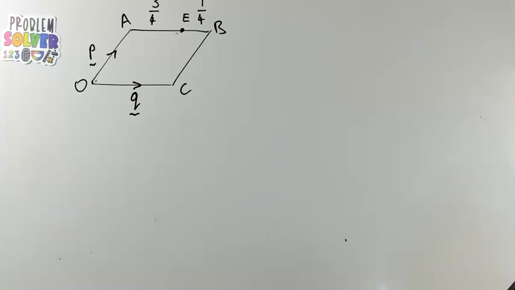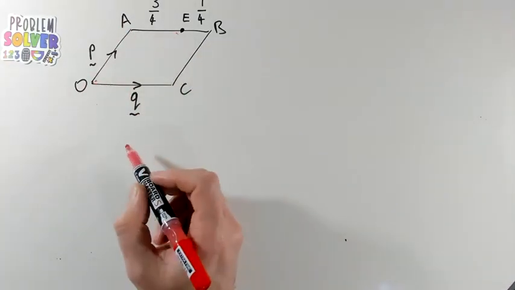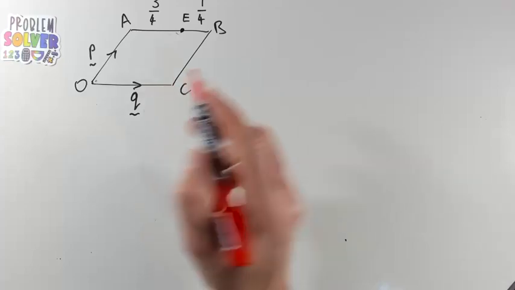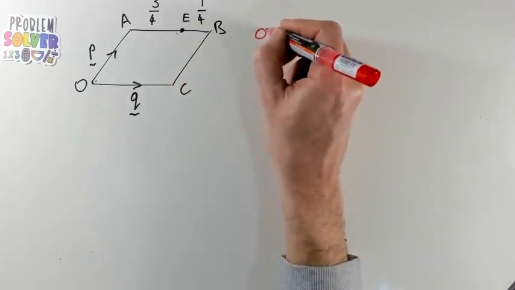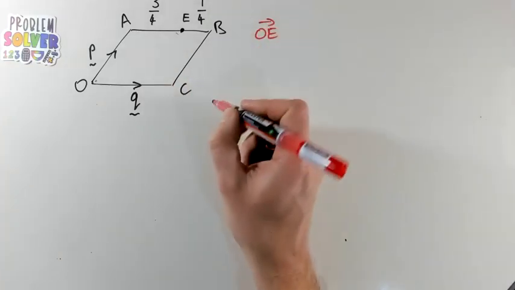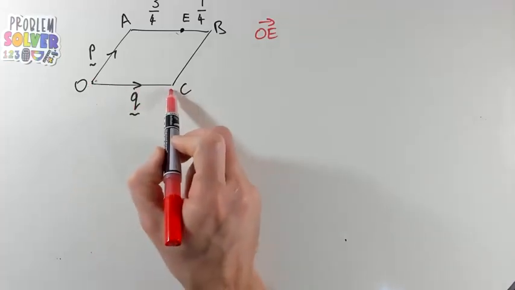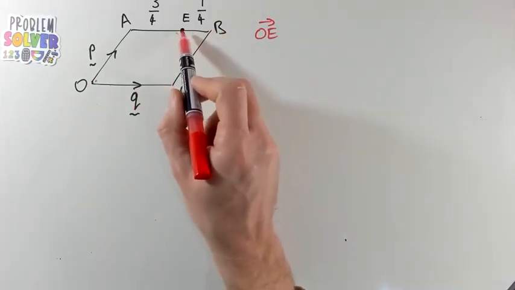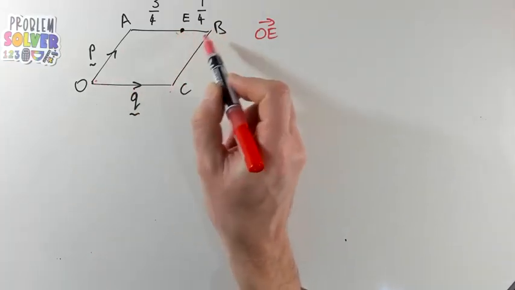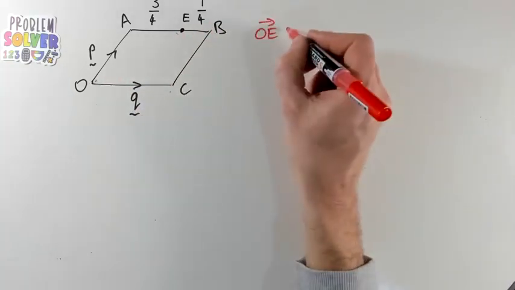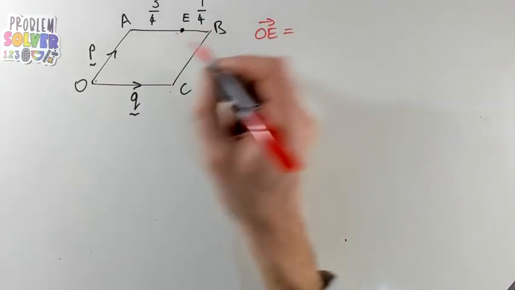So I have to use these P and Q vectors. If I wanted to go O to E, there are 2 paths. I can go O to C, C to B, and B to E, which I don't want to do because that's 3 lines and it'll just take very long.